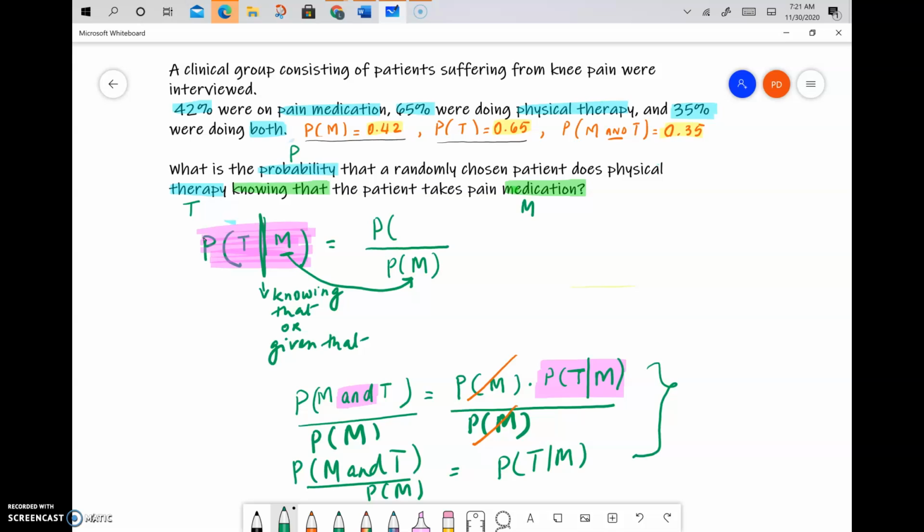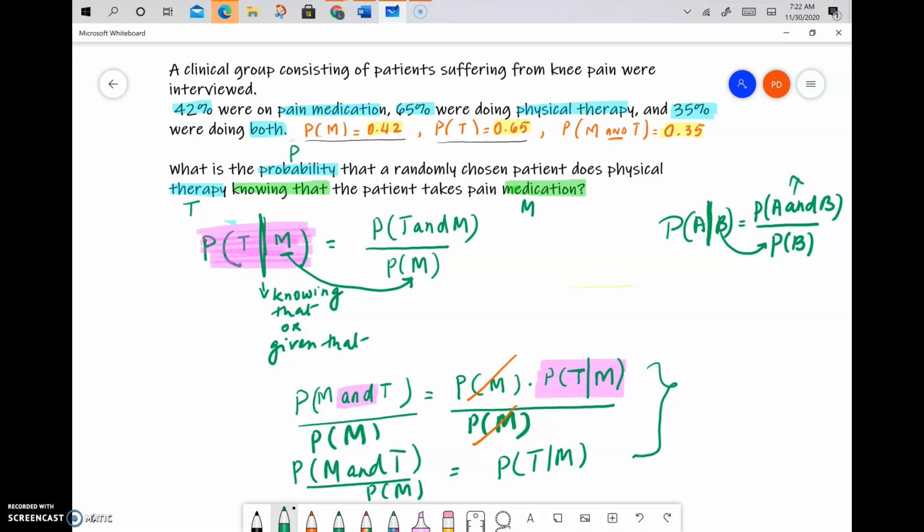And in the numerator, we have P of T and M. So if I have to find the probability of P of A given B, I need to know that it's first of all a quotient, which means a numerator divided by the denominator. The event that comes after the line, which is the symbol for given that, sits in the denominator, so it's P of B. And then in the numerator, we have P of both. So both would be P of A and B.